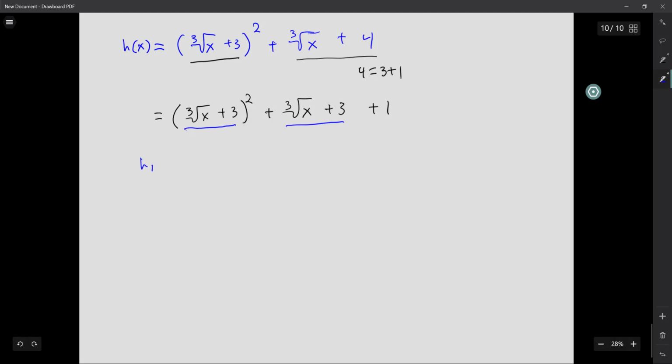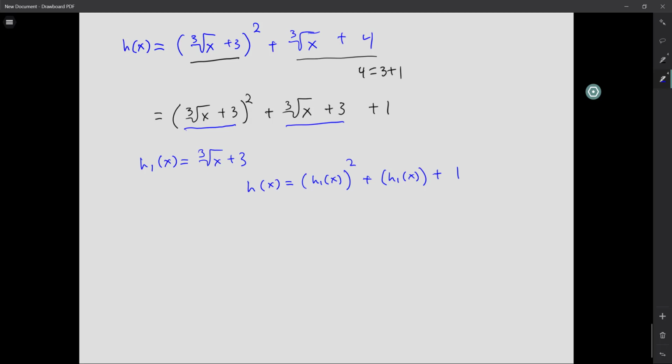So let's say h1 of x is equal to this nasty cube root of x plus 3. Because then that makes my h of x look like h1 of x squared plus h1 of x plus 1. And that is definitely a composite function.